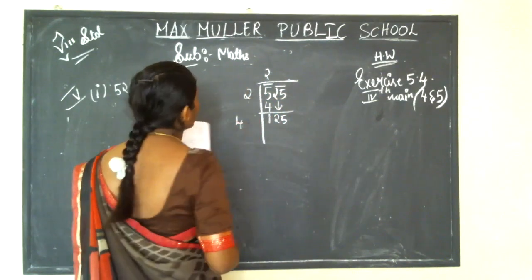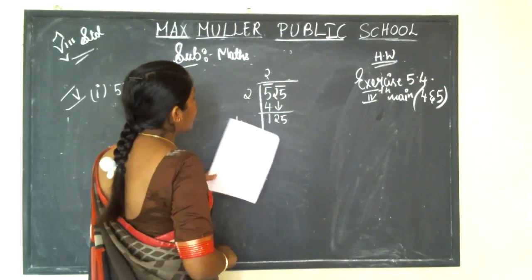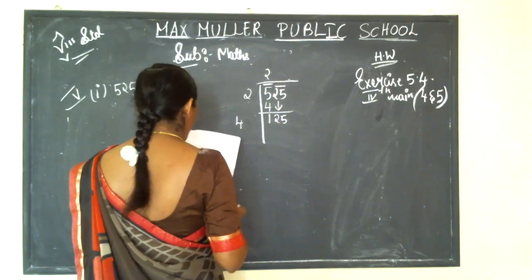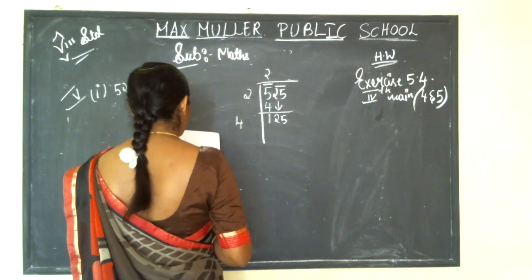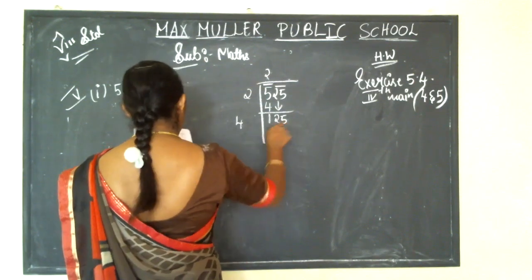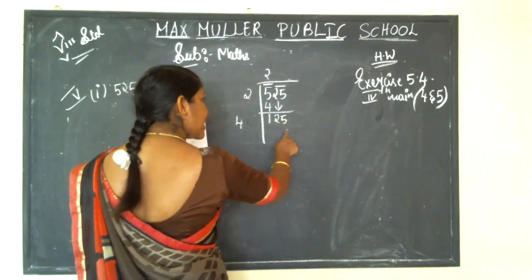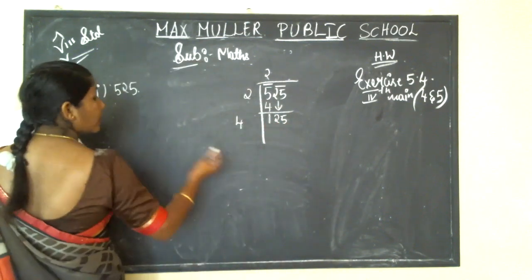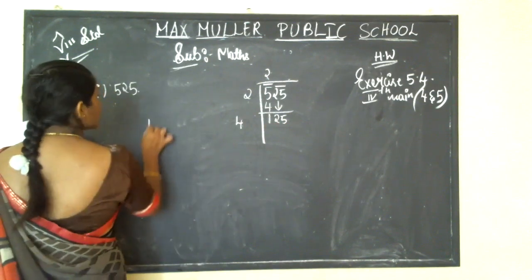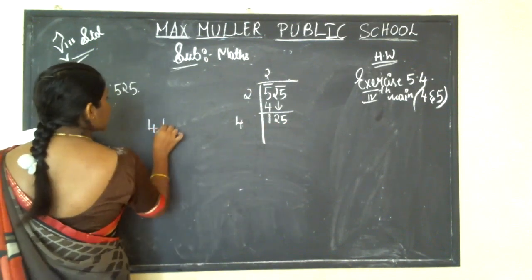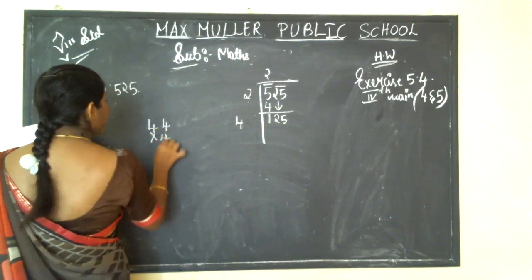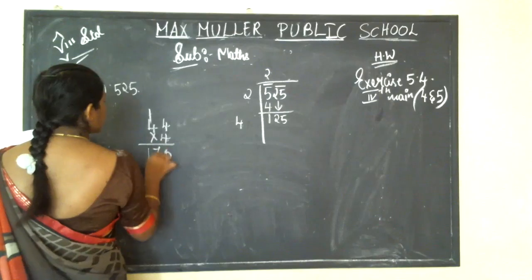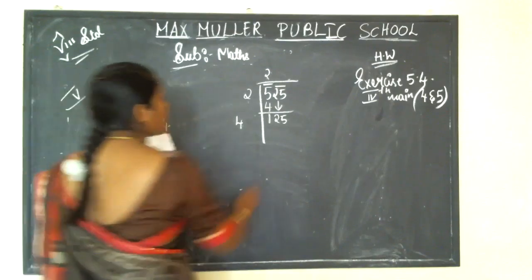If you double the 2 you get 4, and here 125. Now again 125 is there, the next number is 4, so go with 44 into 4. 4 4s are 16, 4 4s are 16, 17.